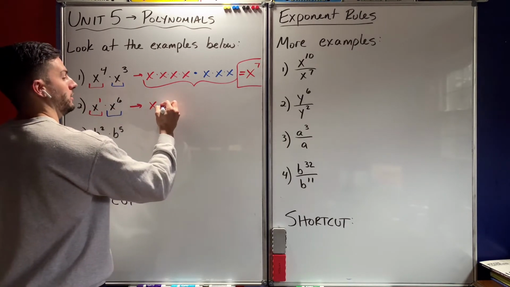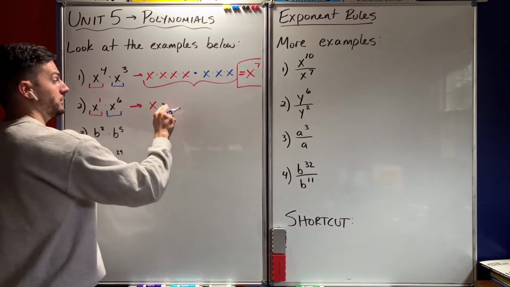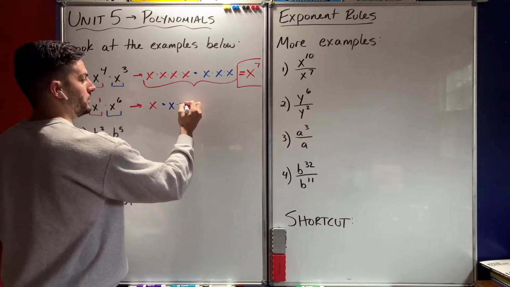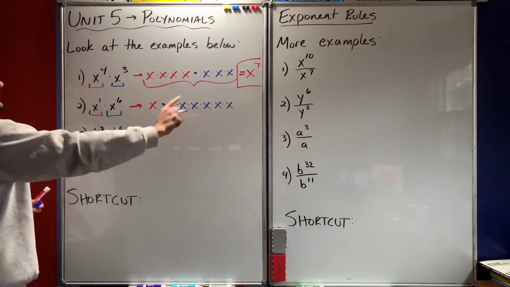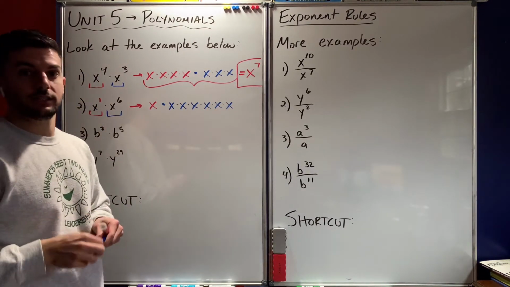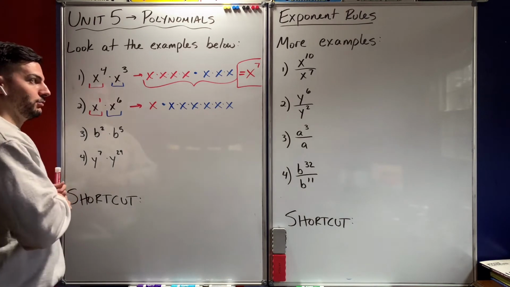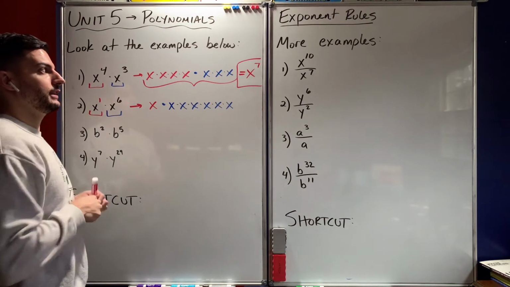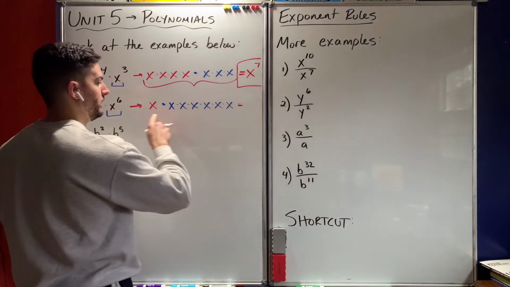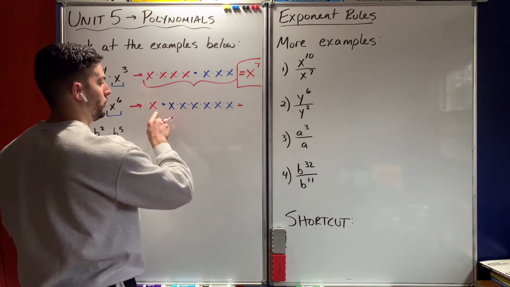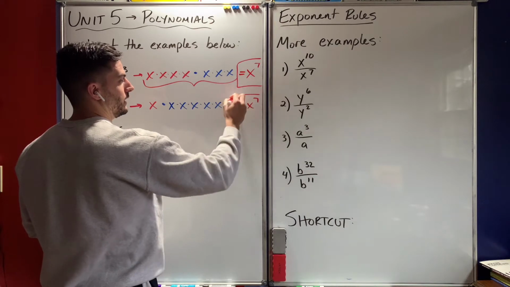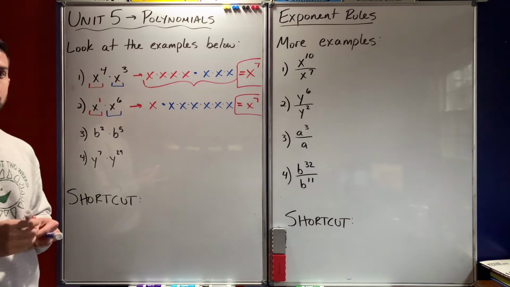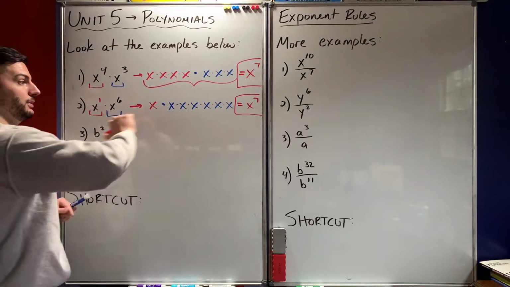And it's being multiplied, these two, right? So it's times x times x times x times x times x times x. So 1x times these 6 x's, and same idea: how could I write this as a shorthand way of writing it, unexpanding these? I would have a total of 1x, and then these 6 x's gives me a total of, again, x to the 7th, or 7 x's multiplied in this big chain.